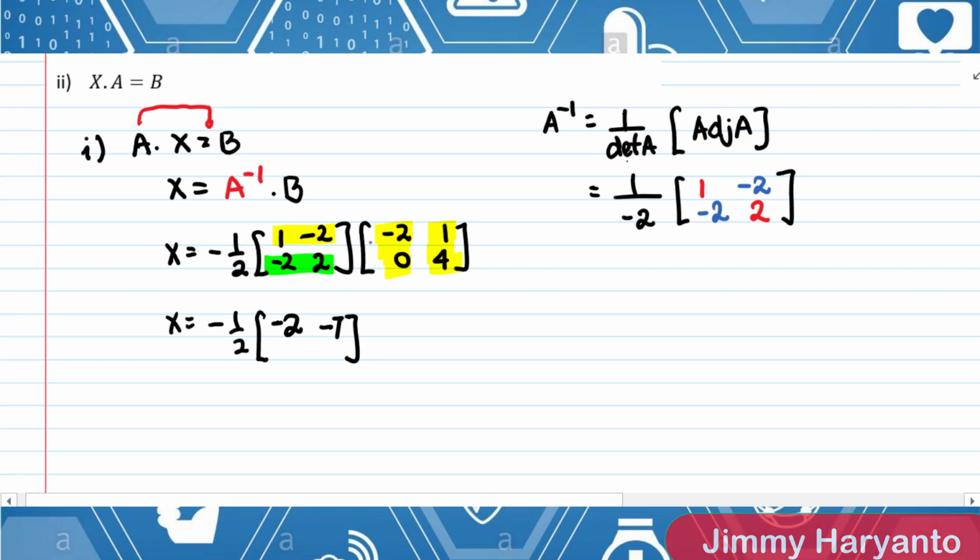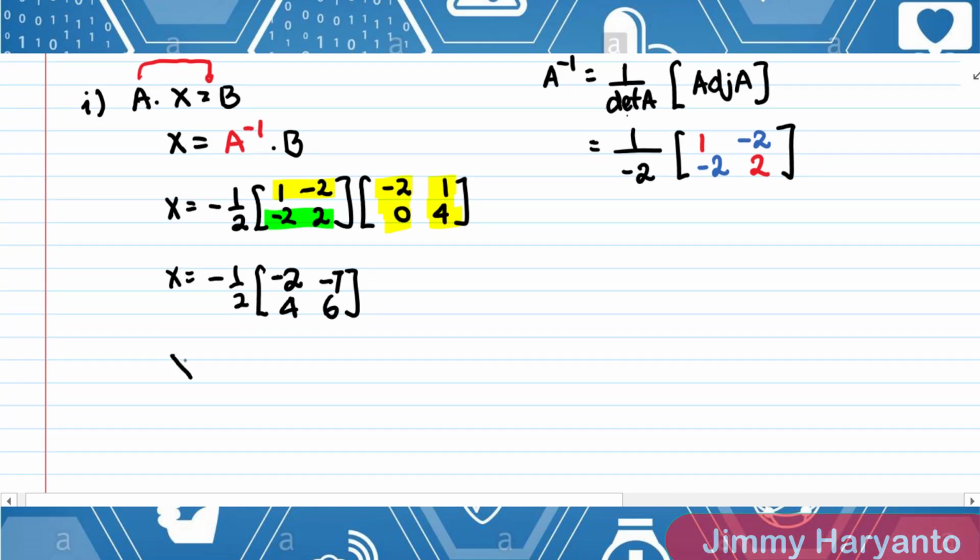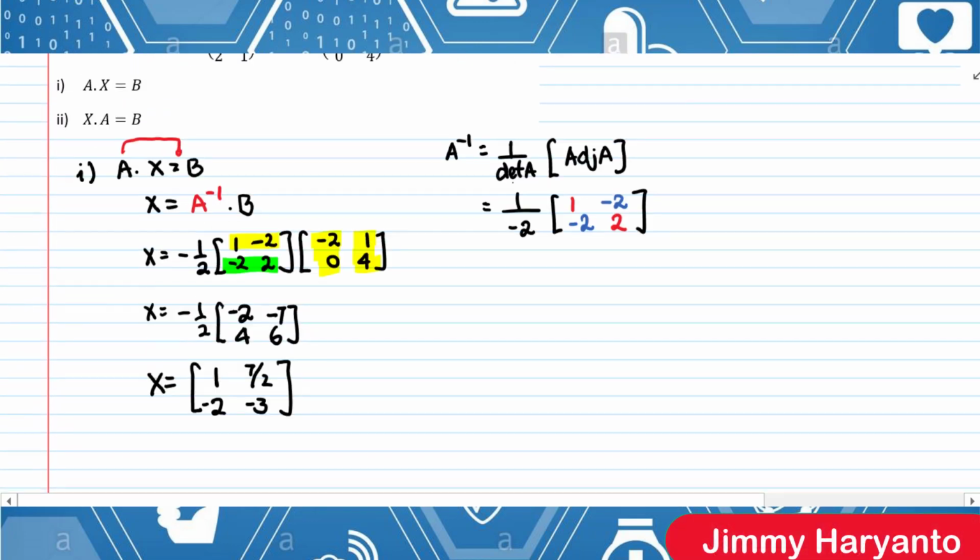For the second row, you will get 4 and negative 2 and 8, 6. There you go. Nah, because this is the final results, maybe you want to multiply the matrix with the half. Ya, jadi 1, 7 over 2, and then negative 2 and negative 3. There you go. This is the value of matrix X.